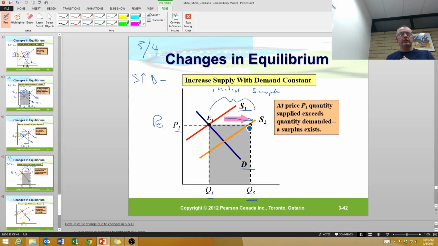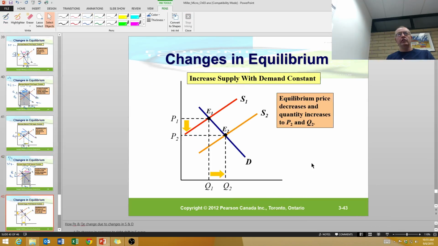So in order to clear the surplus, suppliers are going to have to decrease the price, and as the price declines, the quantity demanded is going to increase, and we're going to arrive at this new equilibrium price here, P2, and a new equilibrium quantity here.